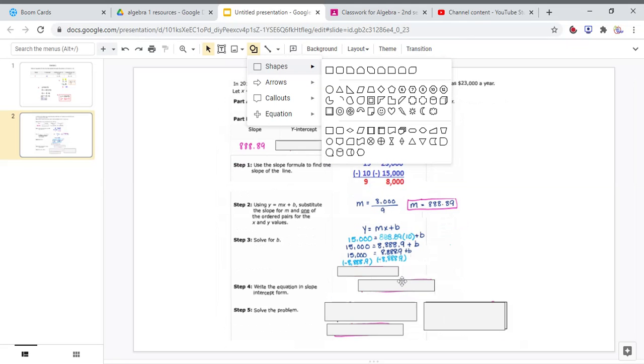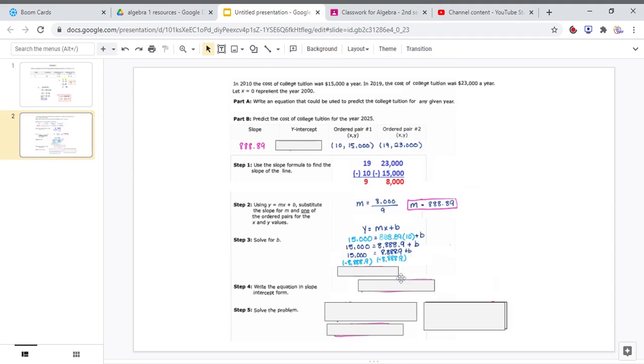So we cancel this out. We take this away. That's going to give us 0. So now that's gone.